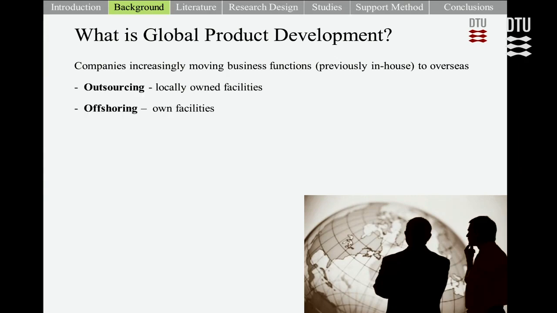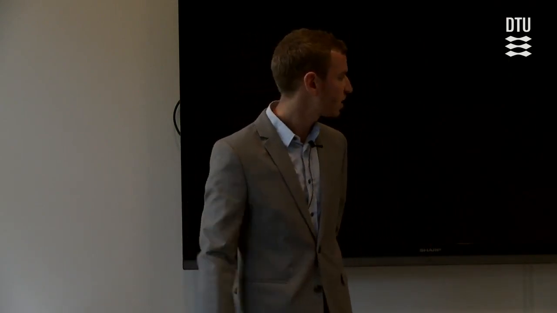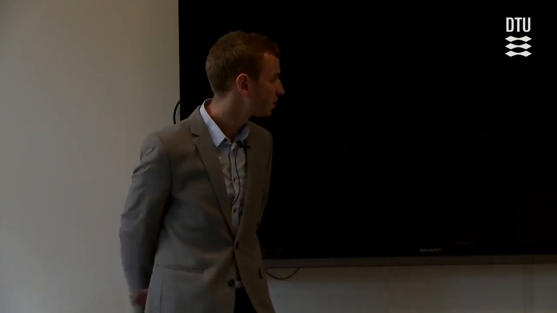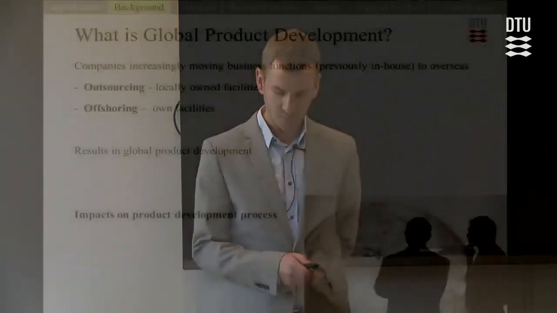This is often done on a strategic level by outsourcing, which is moving a task and function to a facility owned by another company, often a local company in a low-cost region, or by offshoring, which is moving a task or function to a facility actually owned by, for example, a Danish company in a low-cost region. This results in global product development, which typically consists of projects managing globally dispersed and culturally diverse engineering teams. And this is where we focus, on the impacts that this has on product development.